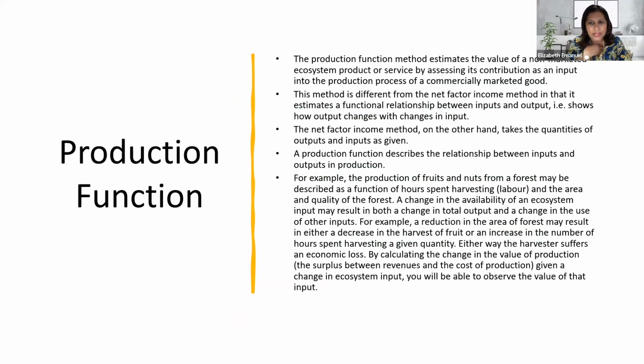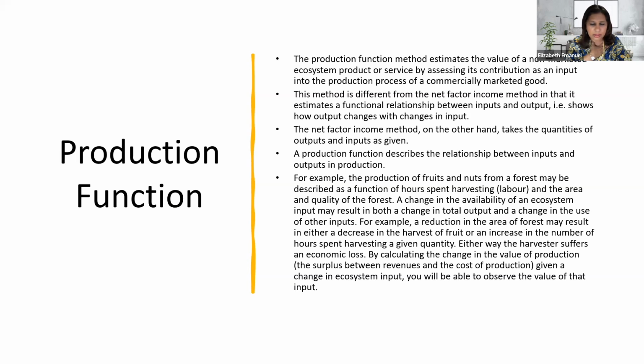One of the best services that I use here is the service of pollination. This is a good example of how you estimate the value of a non-marketed ecosystem product or service by assessing its contribution into the production process of something that is commercially marketed.